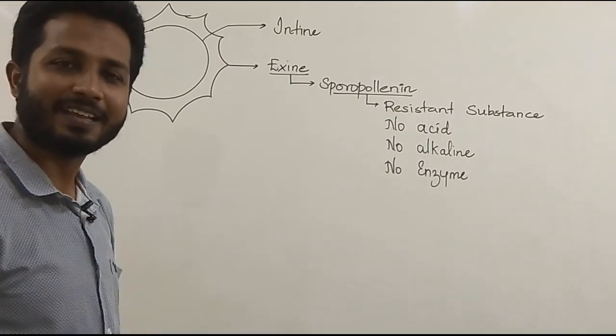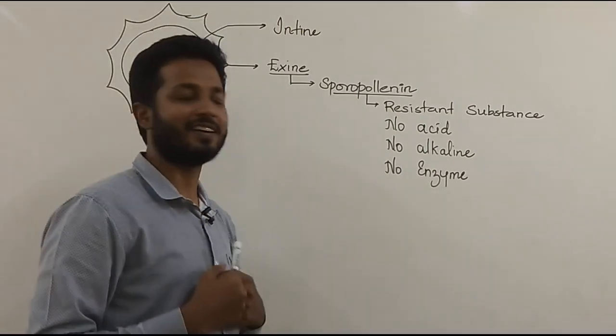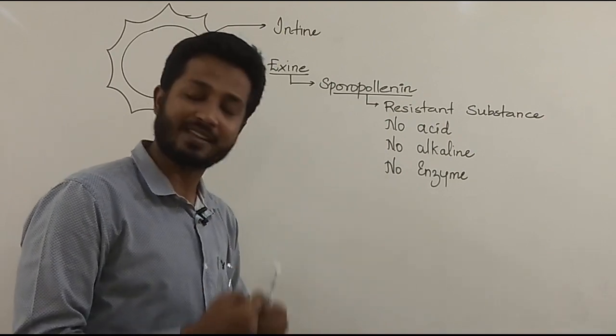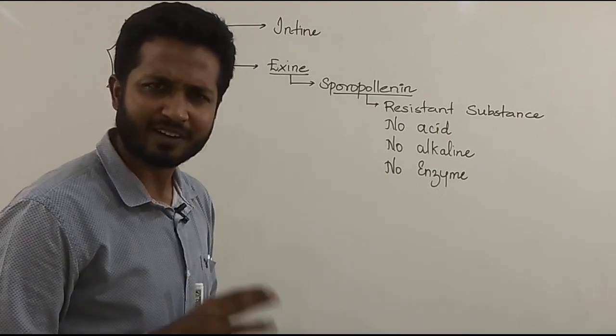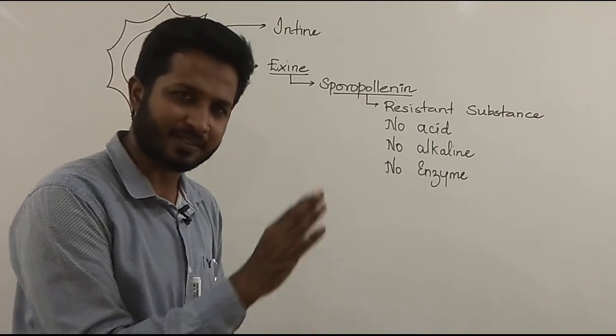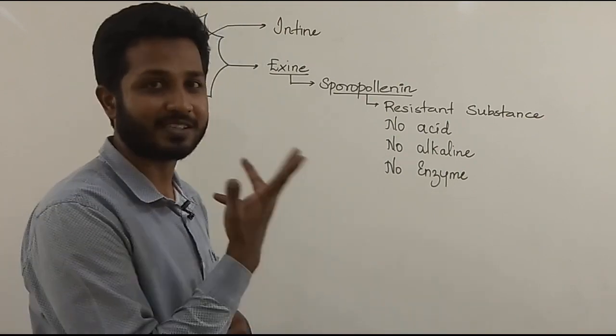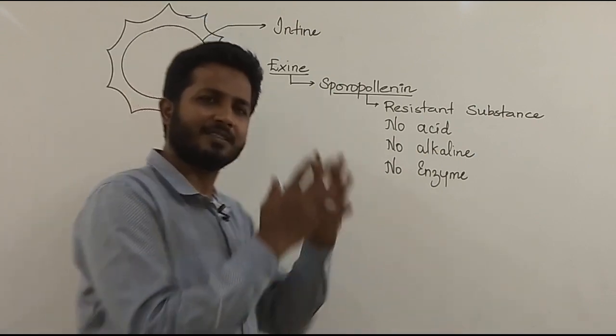Since it cannot be degraded or destroyed, this layer is available even to this day in fossils. What is a fossil? Fossil is not the person who is there in your street. That fossil is different, this fossil is different. A fossil is an age-old plant.